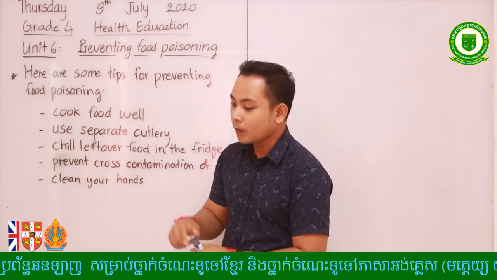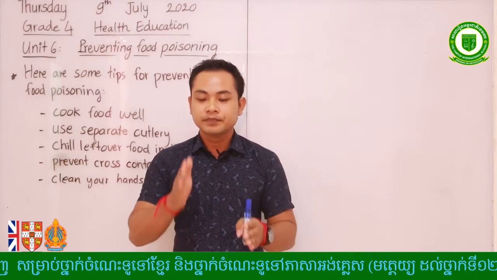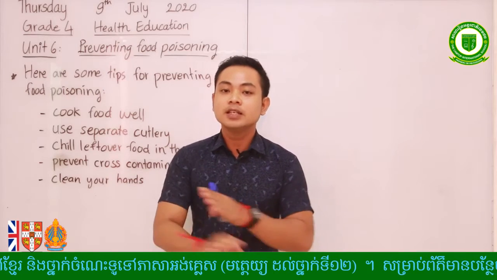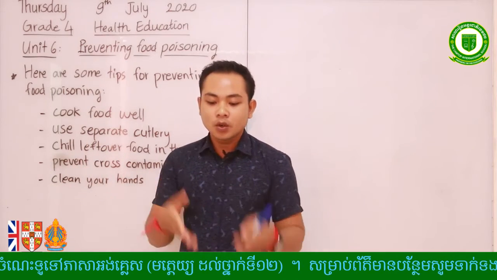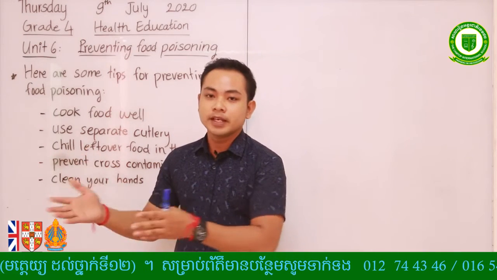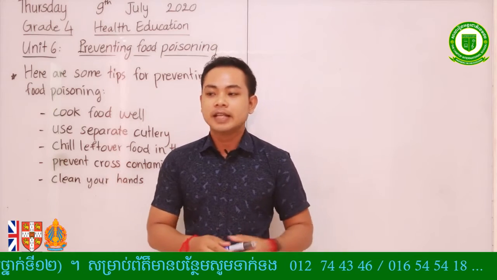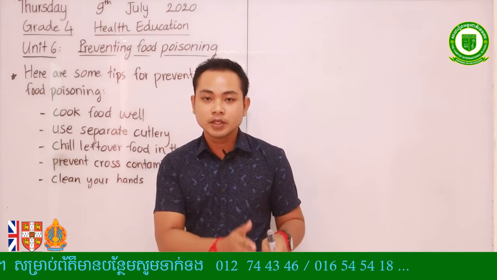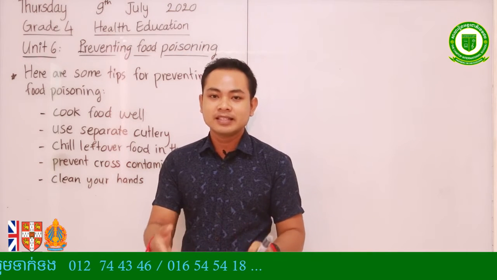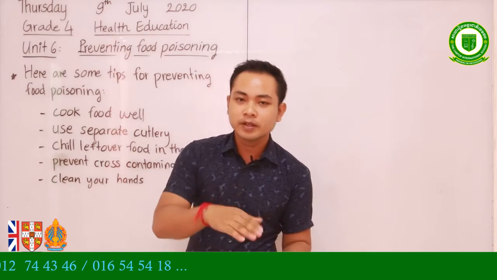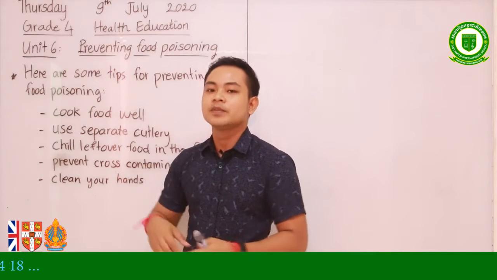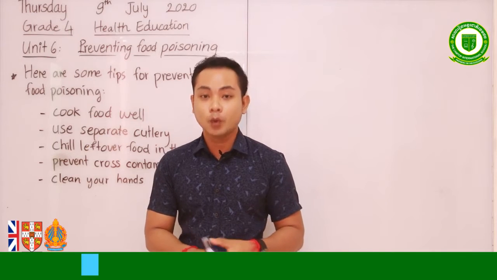For example, when you use a chopping board to chop raw meat and then you don't wash it, and you use the unclean board for food that is already cooked, the bacteria on the unclean board will spread to the cooked meat. When you eat it, you will have food poisoning.